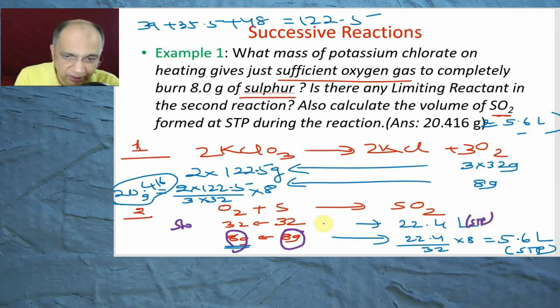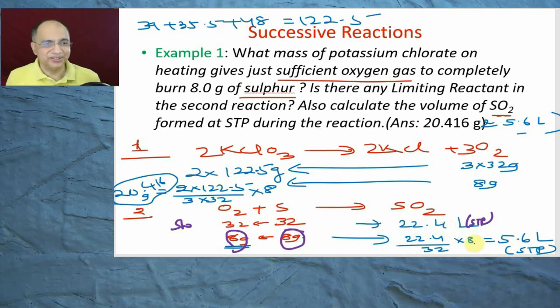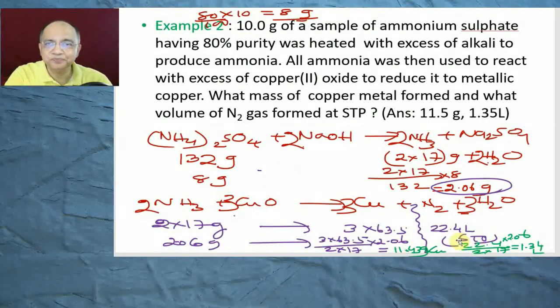So if 32 grams of sulfur is producing 22.4 liters of SO2 at STP, so 8 gram will produce how much? It will be 22.4 by 32 into 8, so 5.6 liters. So these are very simple problems once you understand.